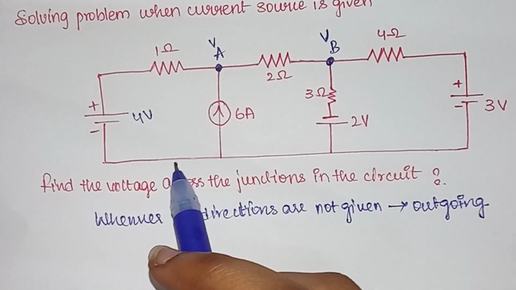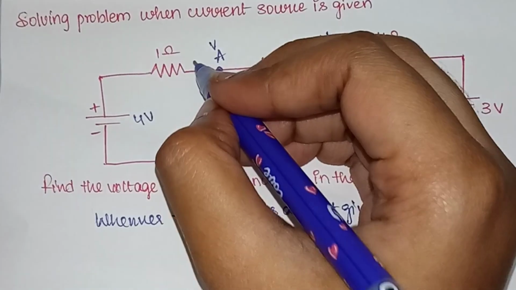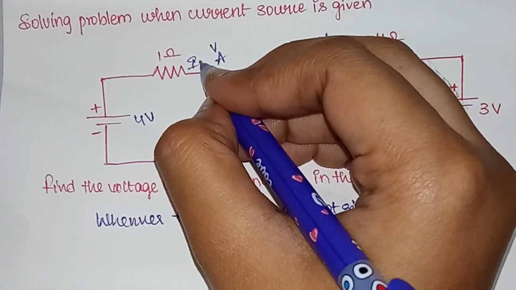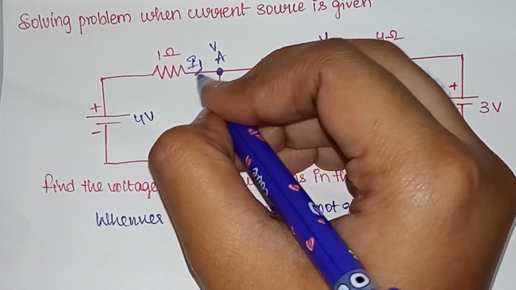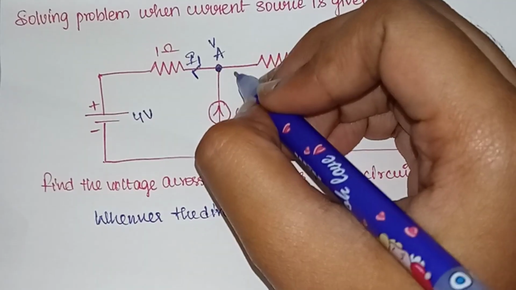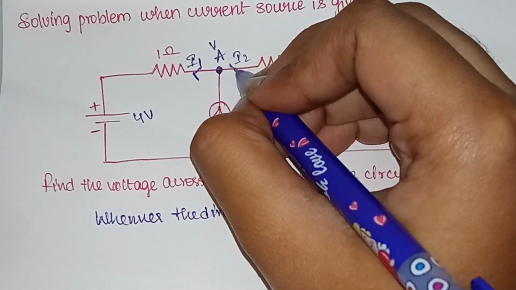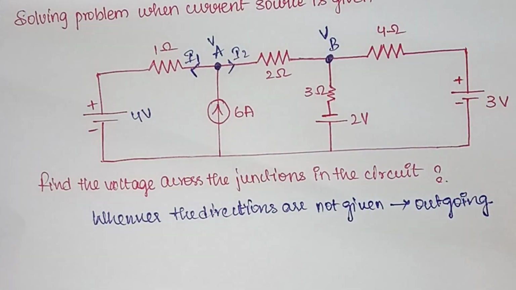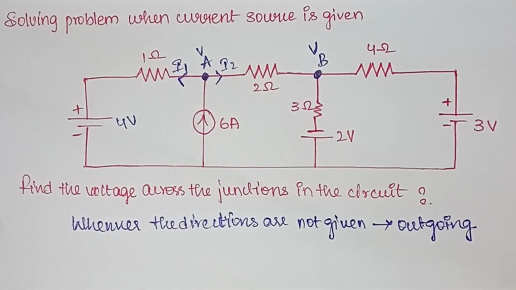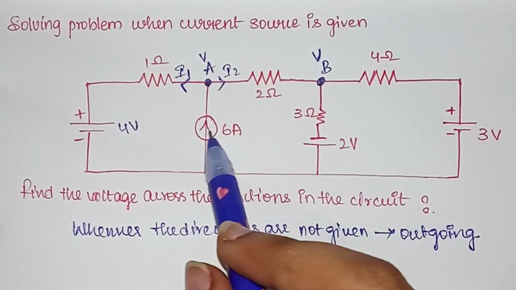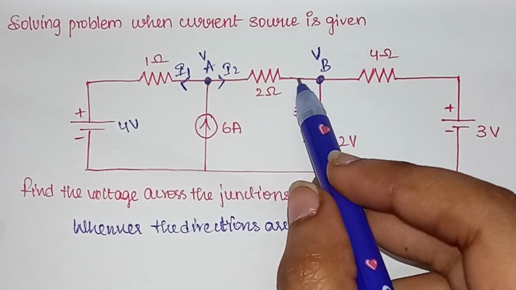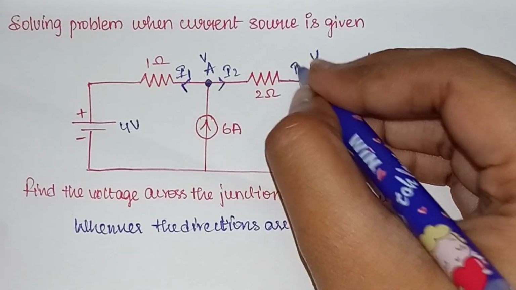So now, this is my I1. This goes in the outgoing direction. This is my I2. This also goes in the outgoing direction. And this point is I3.